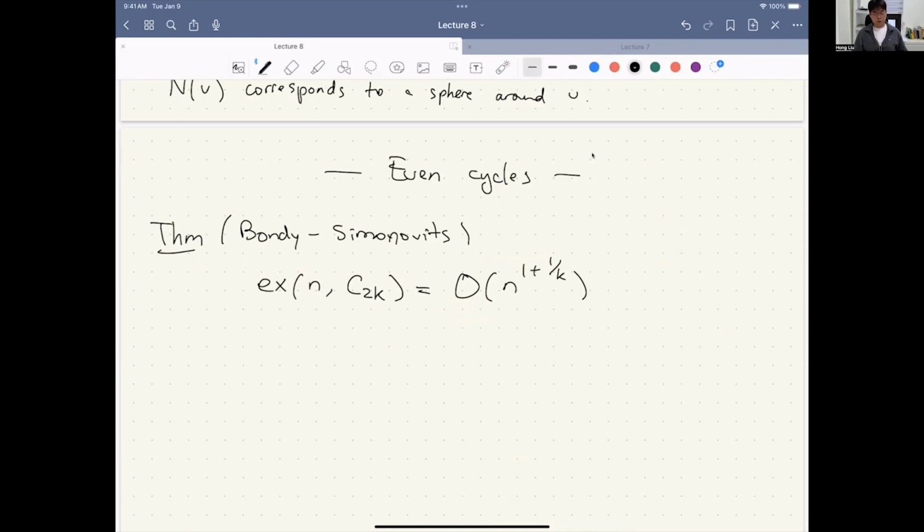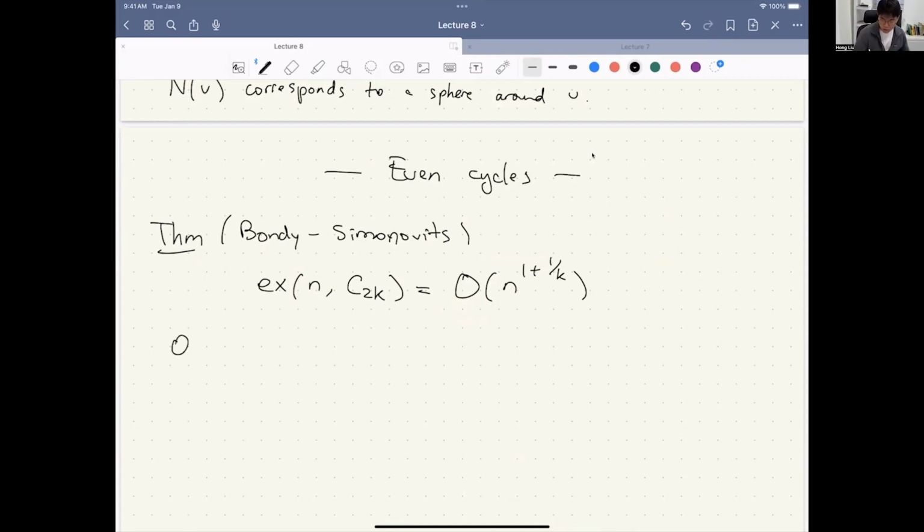A quick remark: the first thing that should come into our mind is, is this upper bound tight? Is the exponent 1 plus 1 over k the right exponent? The answer is yes, when k equals 2, 3, 5, only these three values.